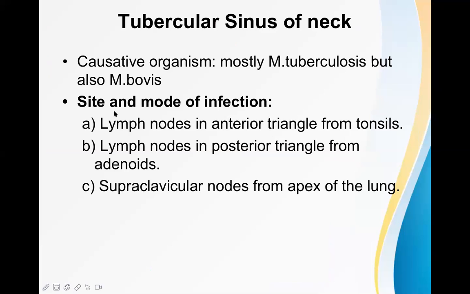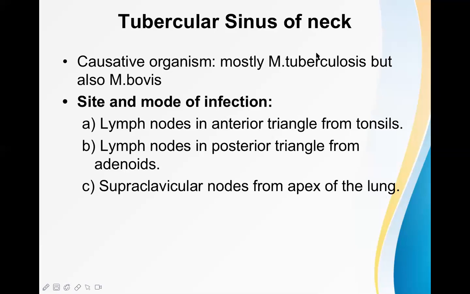Regarding the site and mode of infection, the lymph node in the anterior triangle may be infected from the tonsil area. That is the site from where the organism may enter and go to the anterior triangle. Lymph node in the posterior triangle from the adenoid, and supraclavicular node from the apex of the lung.